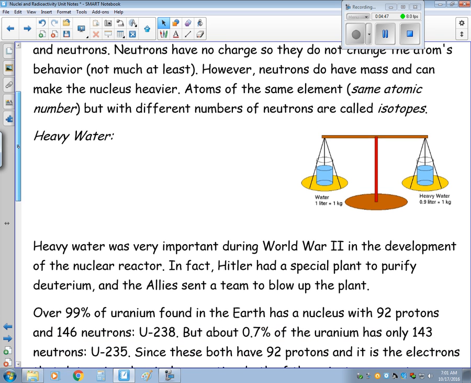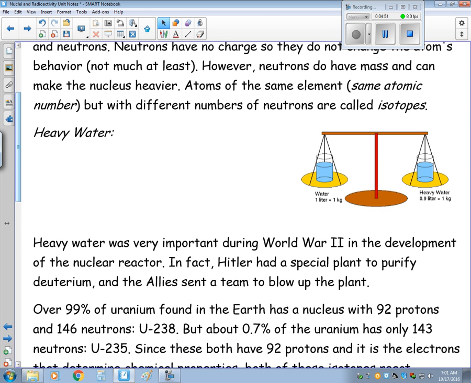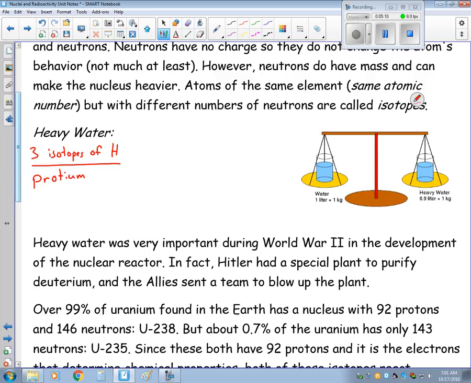So we can begin talking about something called heavy water. Now, to understand heavy water, you need to understand that there are 3 isotopes of hydrogen. There's protium, there's deuterium, and tritium.